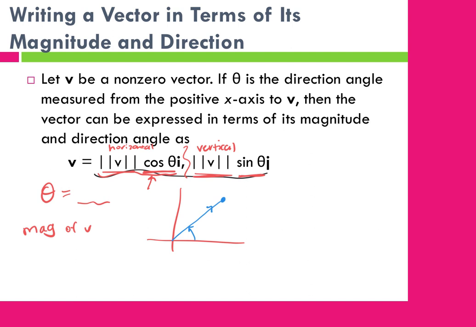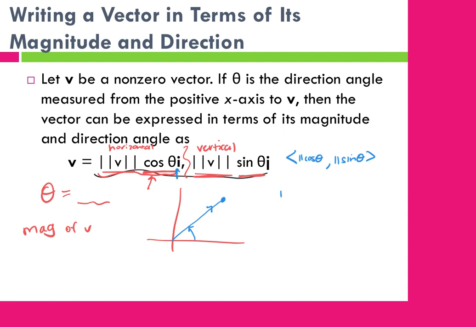You can write this 3 ways actually. One is in component form. So this would be the magnitude times the cosine of theta and then the magnitude times the sine of theta, written in your vector form. Or it could be written with your ij.